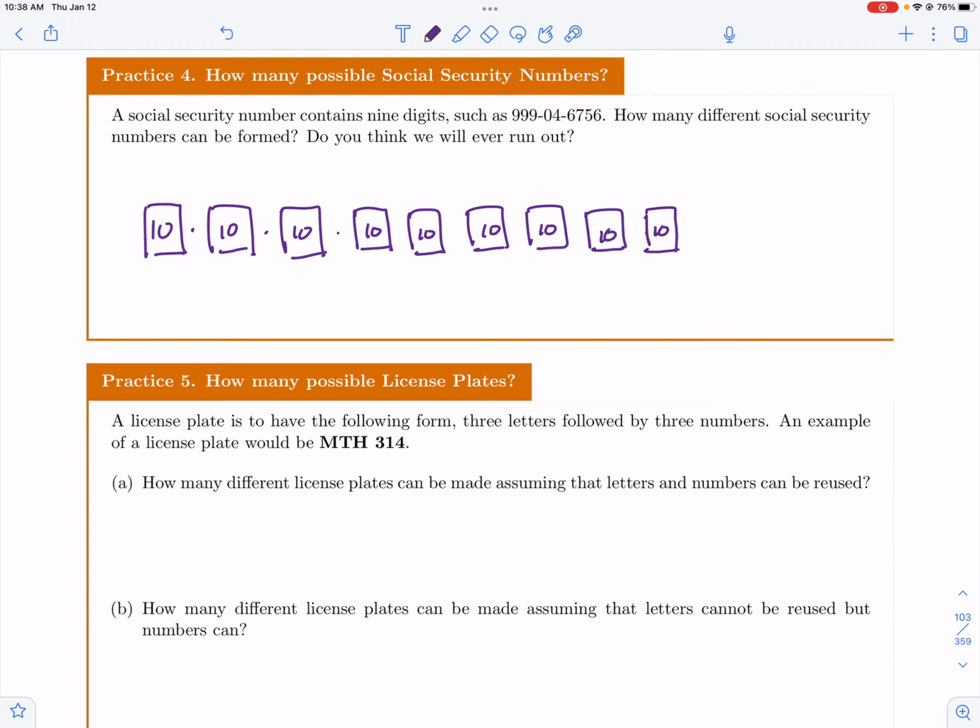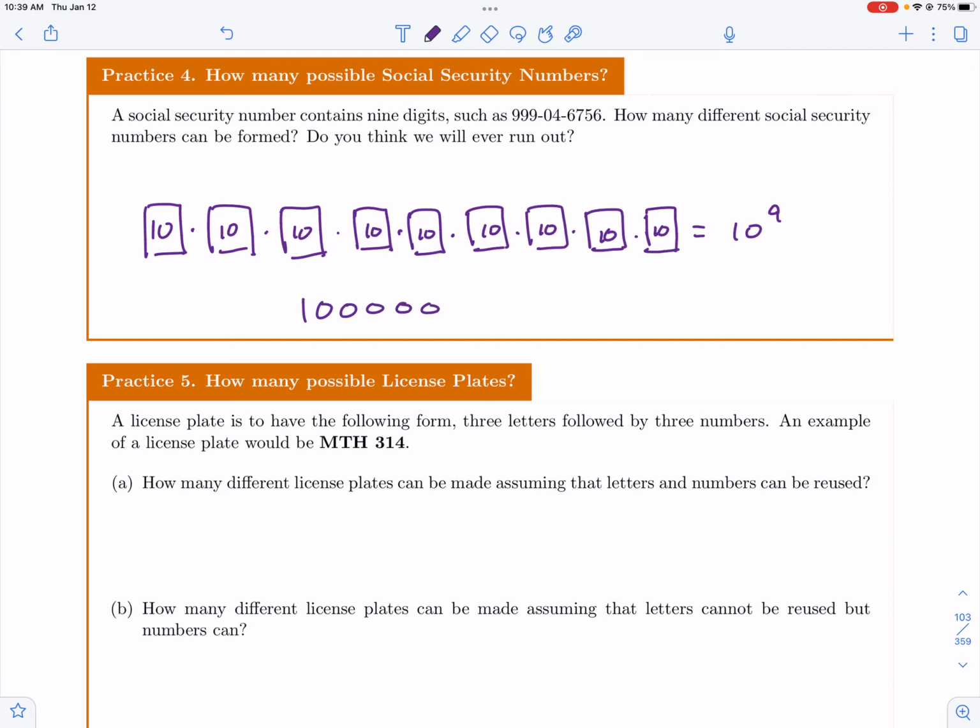And so, again, using our fundamental counting principle, we're going to multiply these all together. What I've got is 10 nine times. If you know anything about exponents, this is the same thing as 10 raised to the 9th power, which is going to be 1 followed by 9 zeros.